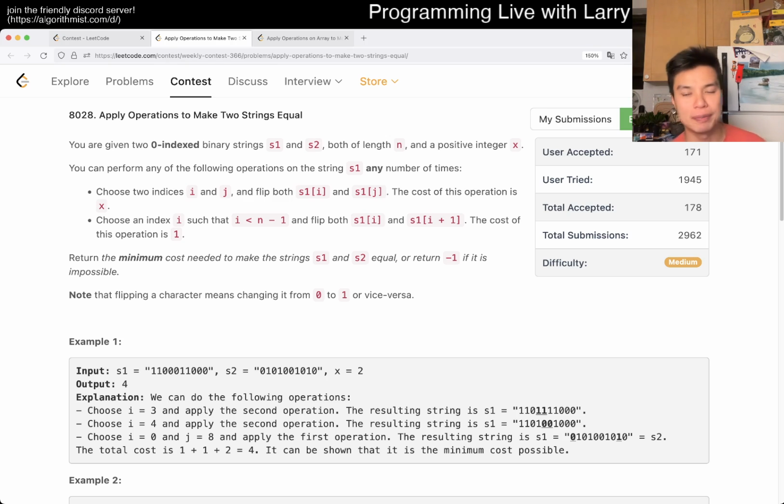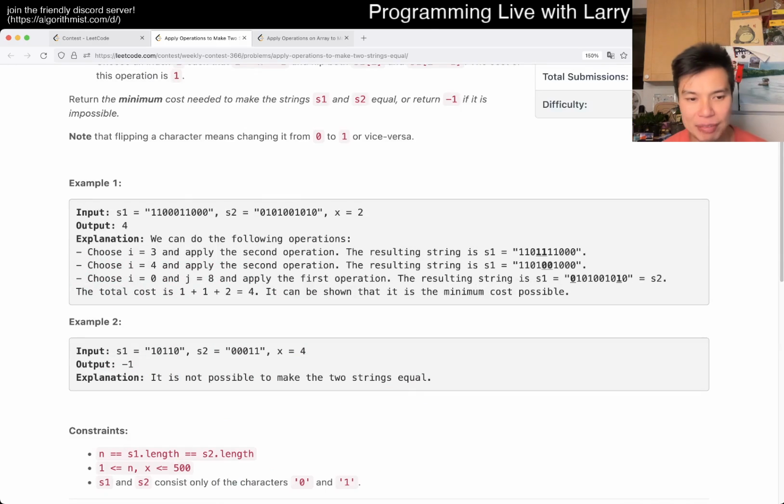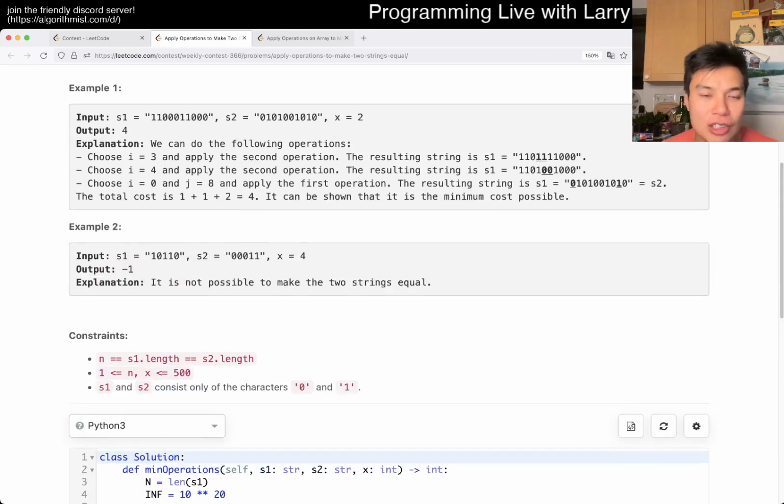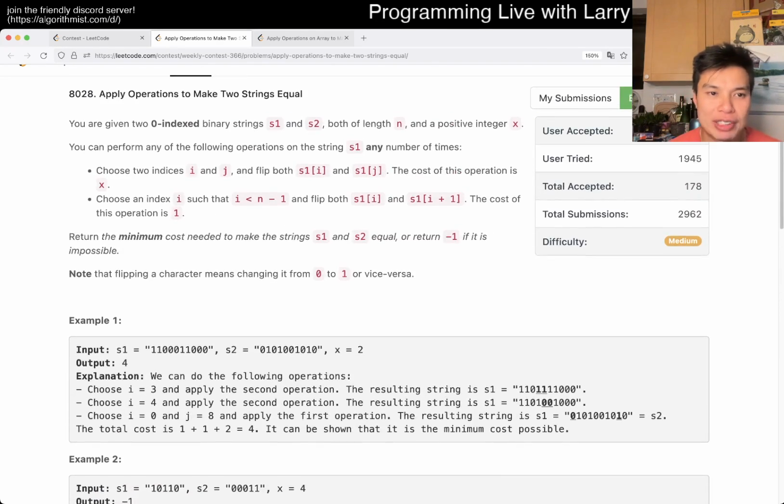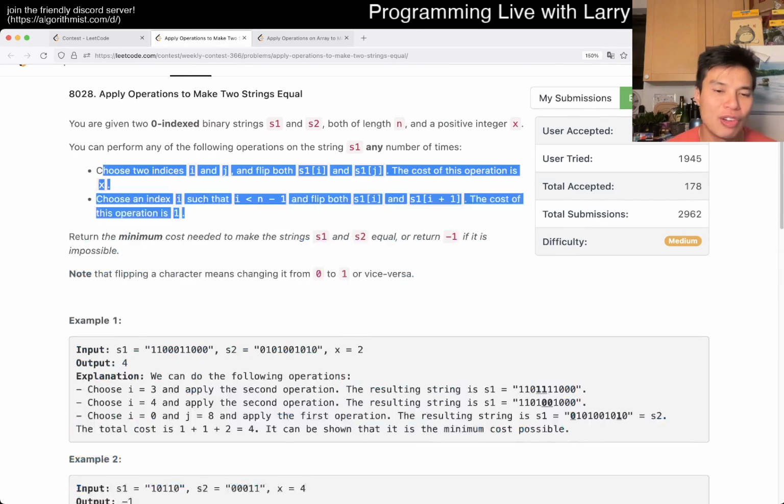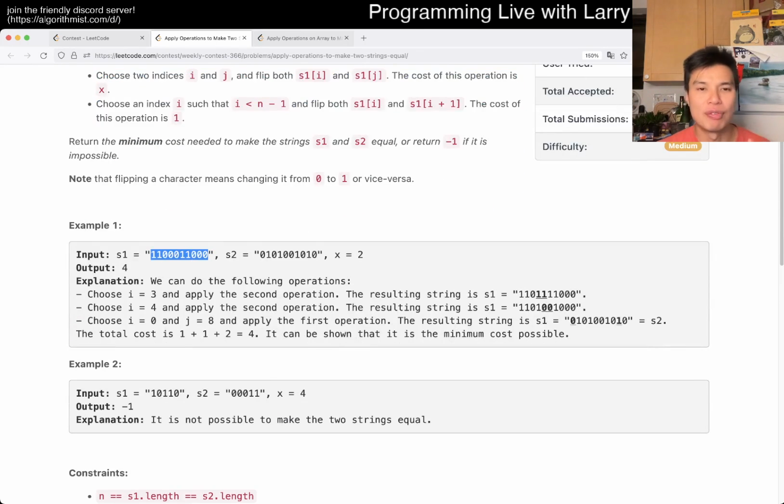The first thing to notice is that n is less than or equal to 500, which means you have a chance at n squared algorithms, and that's basically what we do. The first idea that I play around with is the two operations, and having the index of x1 for all purposes.